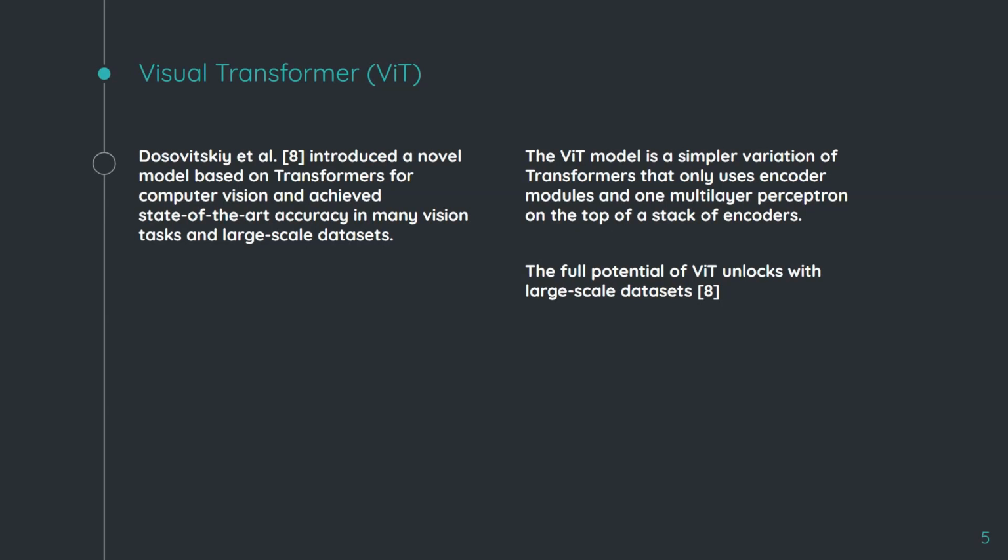The ViT model is a simpler variation of transformer that only uses encoder modules and one multilayer perceptron on top of a stack of encoders. This model uses the power of the self-attention mechanism to replicate some properties like translational invariance of CNNs.